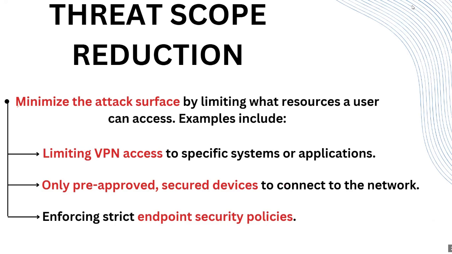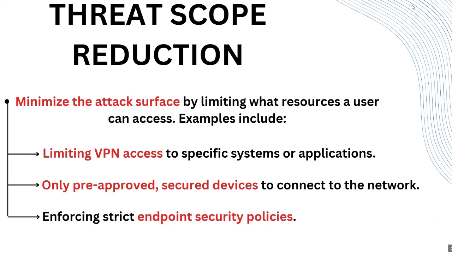So the lesser our attack surface is, the more secure we are, right? But it also means the less functionality we have, right? Because actually security and functionality do not go hand in hand. When we have a high level of security, let's say, for example, in a government network, we have very little functionality.